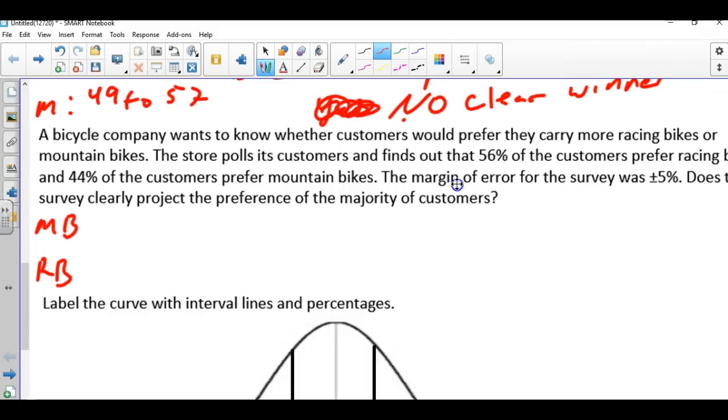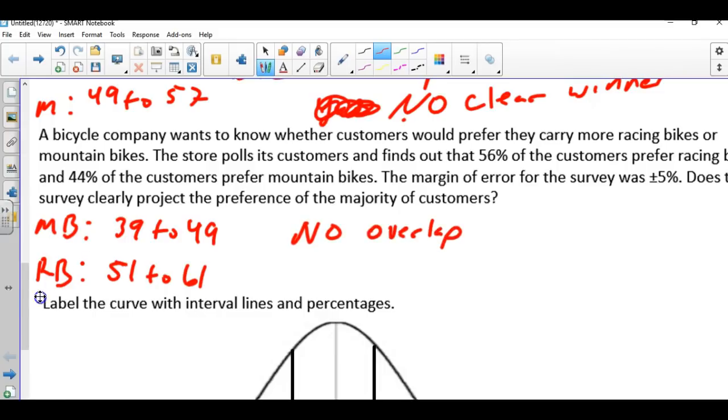Let's look at it. The mountain bike range, from 44%, would be 39 to 49. And the racing bike is going to be 51 to 61. Now, is there any overlap? There's no overlap.